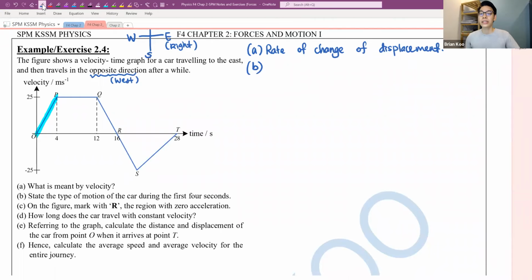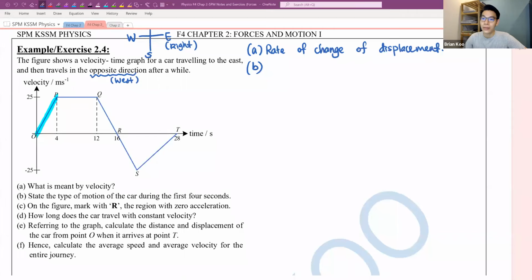Velocity graph, so the velocity goes up like that means... Bradley said acceleration. Yes, very good, Bradley. You're right.